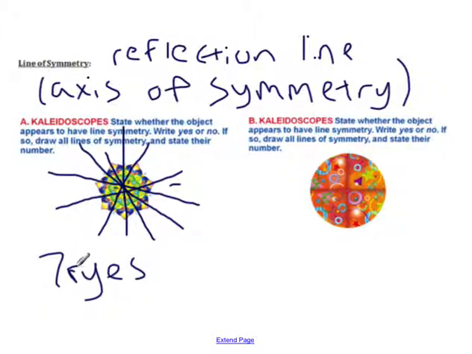Taking a look at part B, a lot of times circles have infinitely many lines of symmetry. However, take a look at the shapes that are drawn there. If I were to cut that this way, notice how this circle over here isn't over here. So the shapes that are drawn in the design are not symmetrical. So no, this one doesn't have any lines of symmetry.